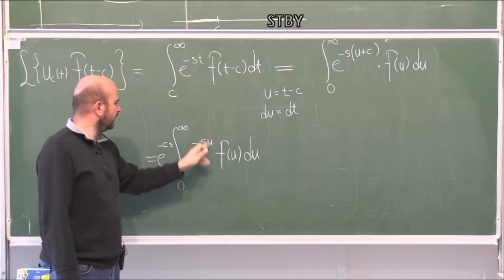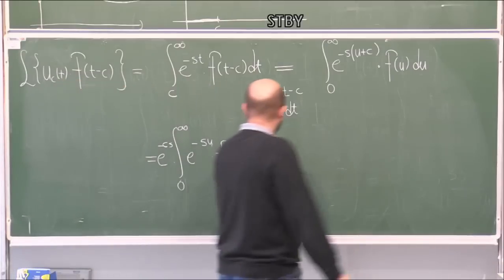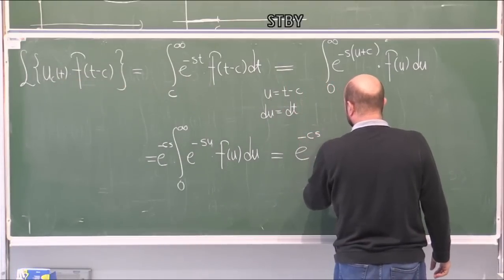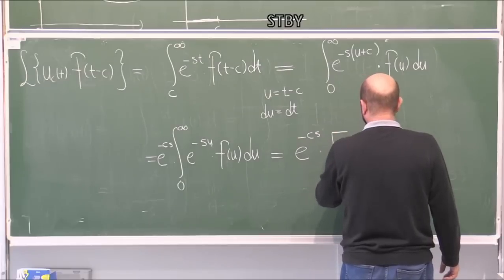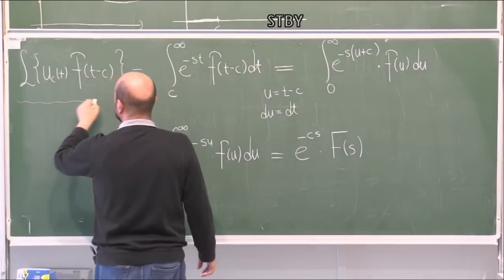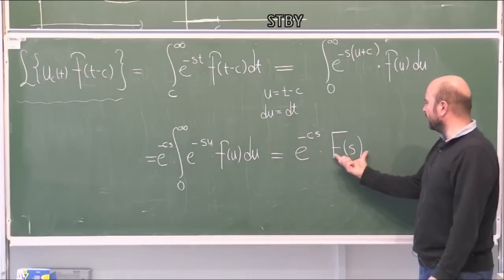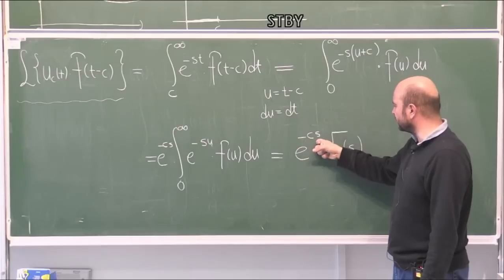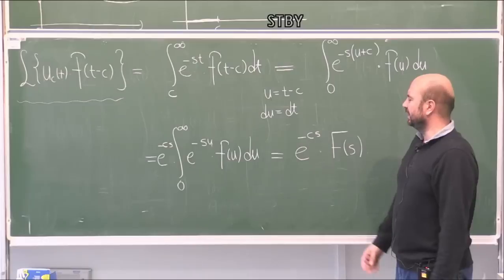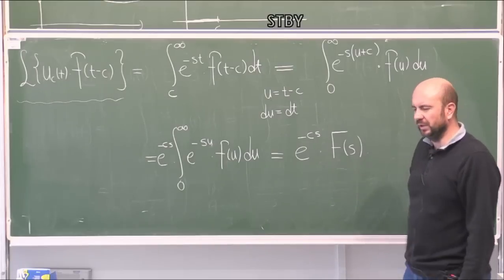It's the same thing. So this is equal to e to the minus cs times F of s. So the Laplace transform of the delay is just multiplication by e to the minus cs in the s domain for the Laplace of f. Okay, so this is what we have now.